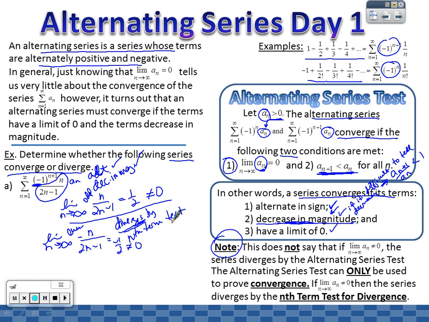So what I'm telling you is you can use this and say diverges by the nth term test, or you can write out the even and the odd terms and come up with the same result. Either one of those will be fine with me. Okay? All right, so that diverges. Are we okay? Ready? Questions? Okay, let's go to the next slide.